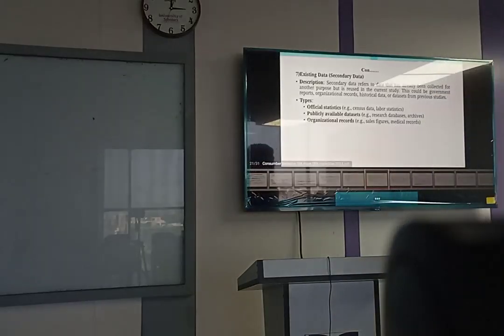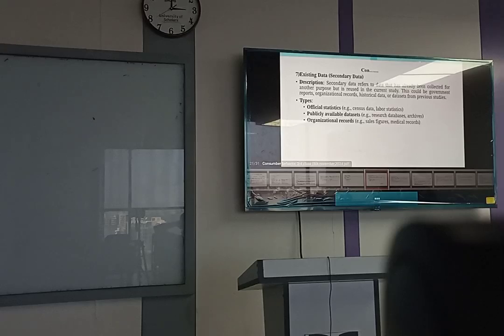Suppose you want to do research on the number of children getting born in each month. Automatically, on the government side, this data is being recorded.